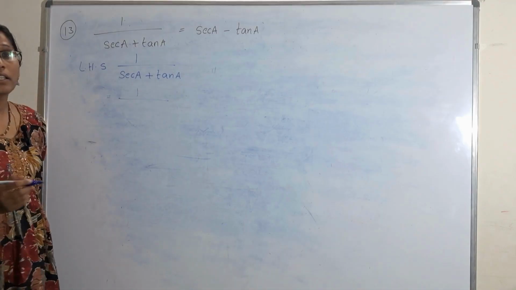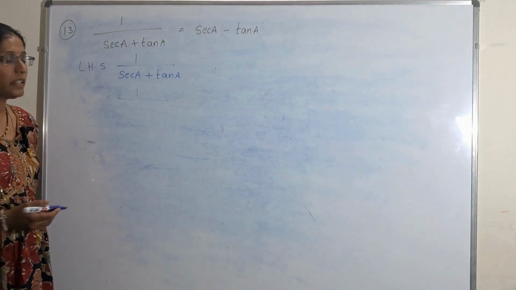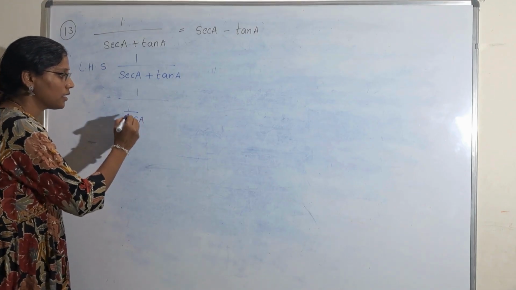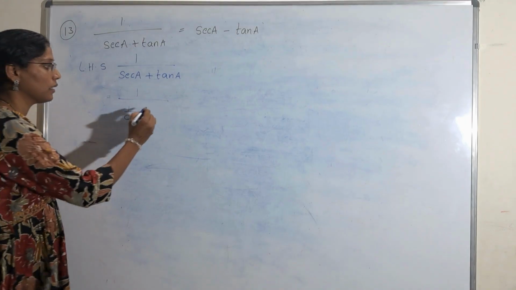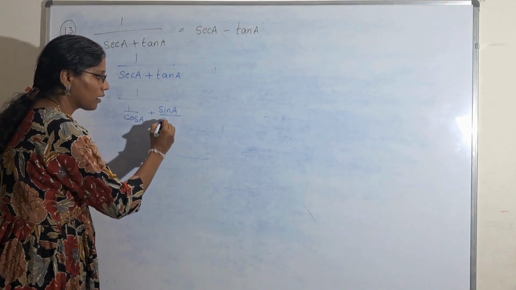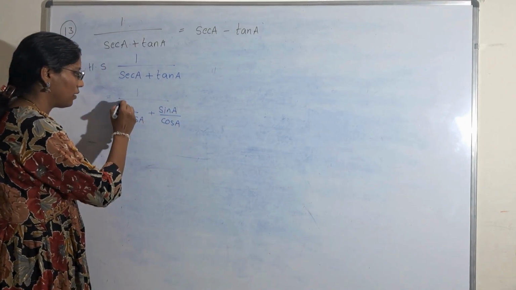Sec A in terms of sin and cos only we have to write: 1 by cos A, because sec and cos are reciprocals, plus tan A formula, sin A by cos A.